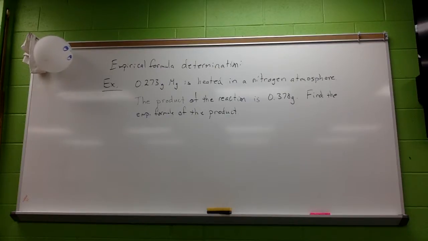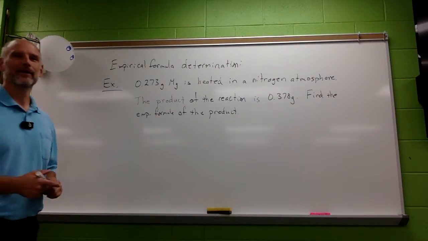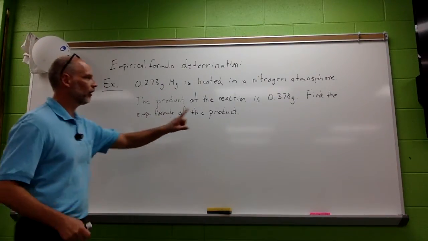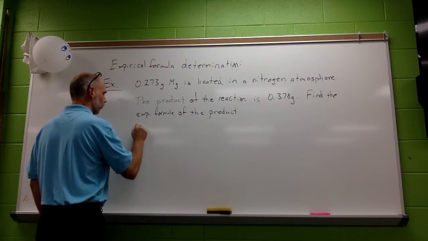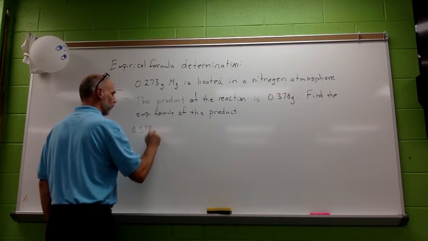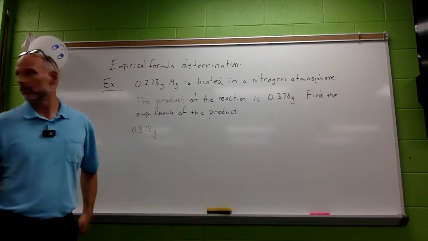Okay, what are we going to do? Help me out. No, your brain's doing the right thing. You're just not sure how to designate everything. So this is the product. So we have 0.378 grams of. Now, what is the stuff that we made?